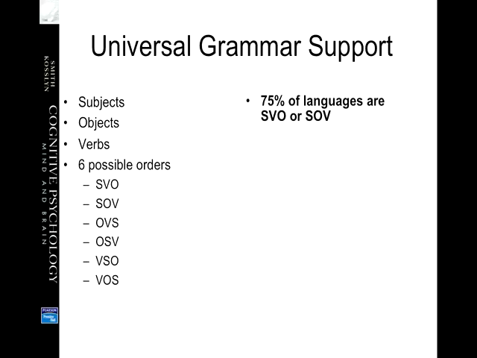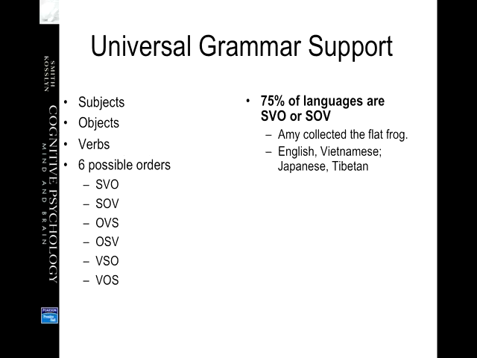However, 75% of known languages are subject, verb, object, or subject, object, verb. So the majority of them are 2 of the options. That implies that it's pre-built into the system. Just some examples: English, Vietnamese, Japanese, Tibetan, lots and lots of languages are subject-verb-object or subject-object-verb.